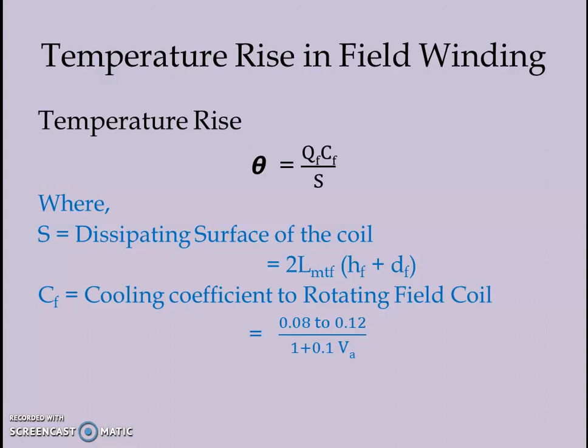And the final check is the clearance between adjacent field windings. Between adjacent field windings, the permissible minimum clearance should be 15 mm, and that we have to check. So this way we can do a complete design of the field winding.